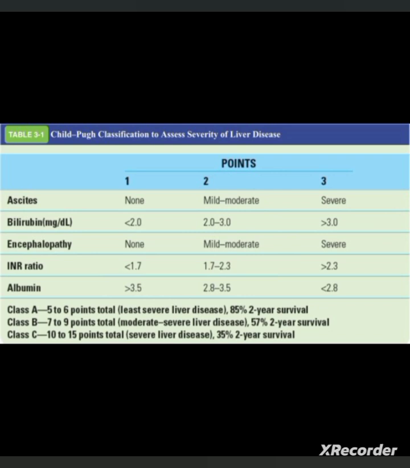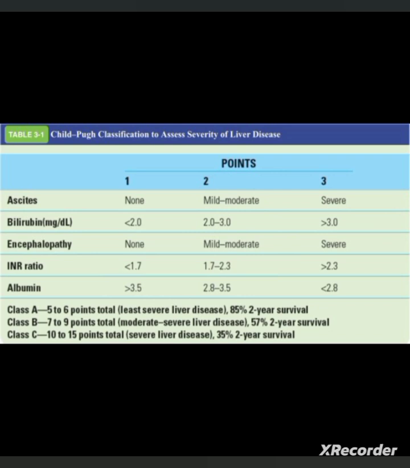If it is 5 to 6 points, that is the least severe case, with an 85% survival rate. If the patient has 7 to 9 points, they belong to class B. Their survival rate is 57%.